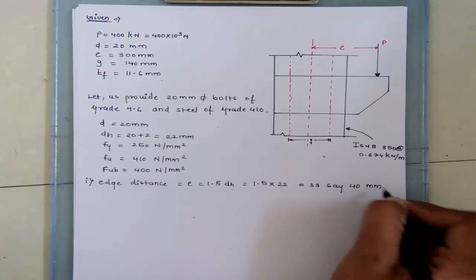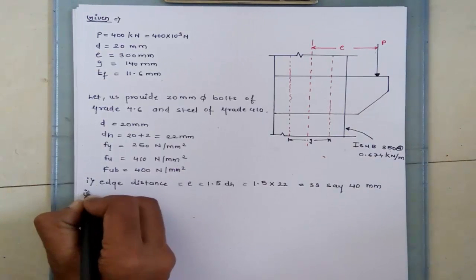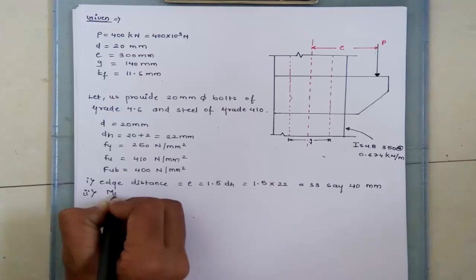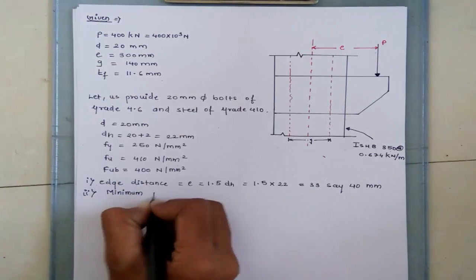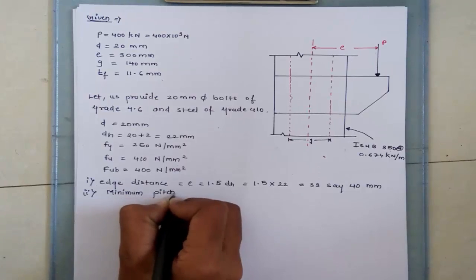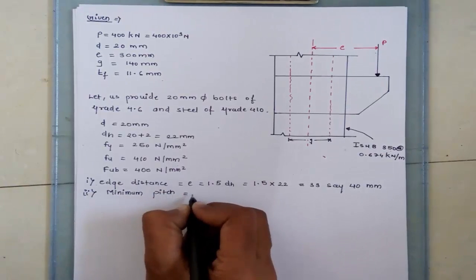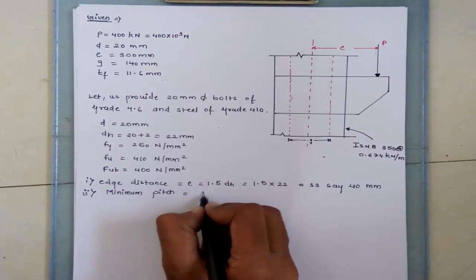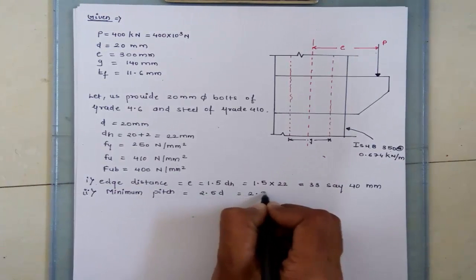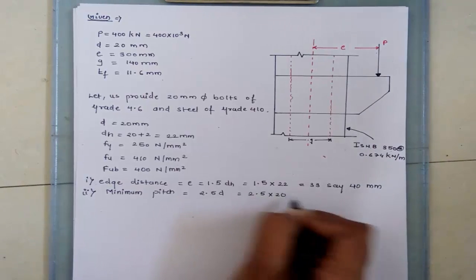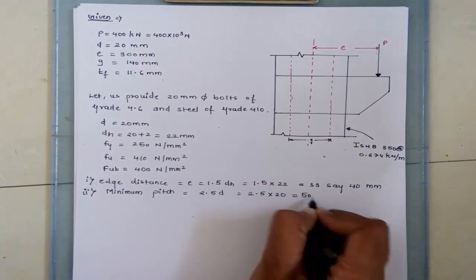Second, we have to calculate the minimum pitch, that is 2.5 d. 2.5 into 20, we get 50.